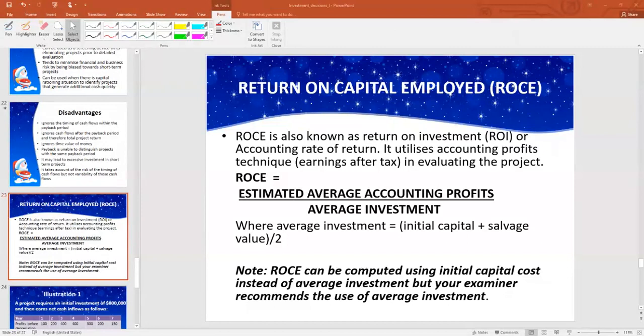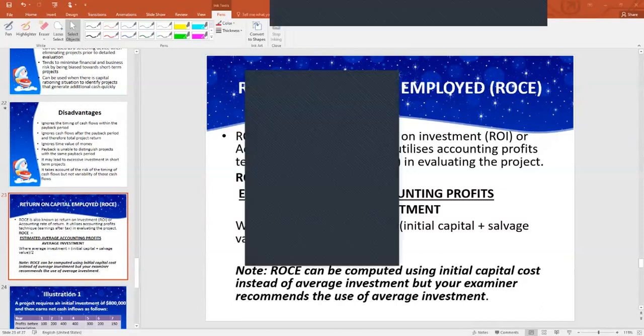We're trying to make an assessment of how much return, how much profit, the company has made within a given time period based on the capital the company has invested. As a ratio, let me just go through it.